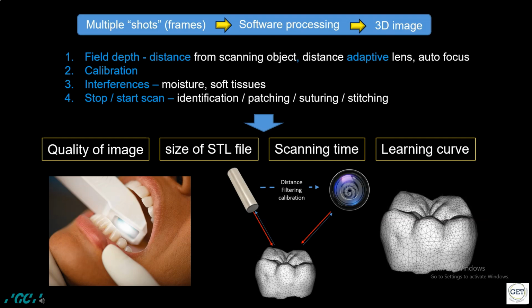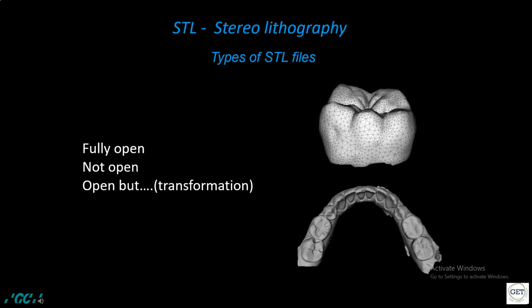The final result is the STL file. The scan result is an STL file. This digital file is later processed in designated 3D software for different procedures, including orthodontics.